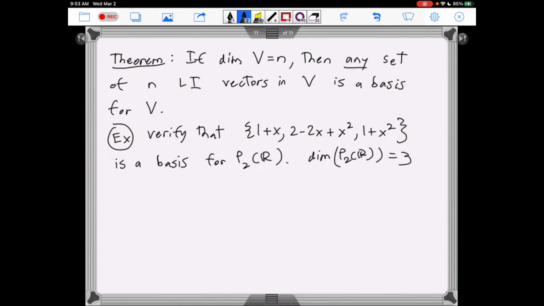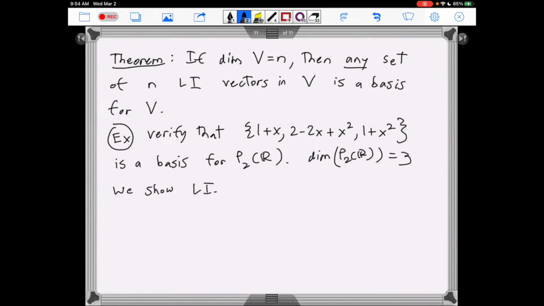So how do we do that? Well, we can just show that they're linearly independent. By the last theorem, since we have 3 of them, let me start by showing that they're linearly independent. How do we show that?